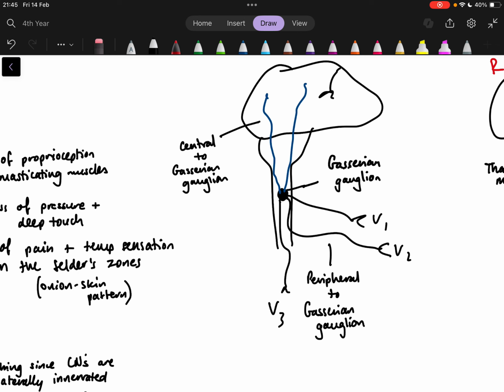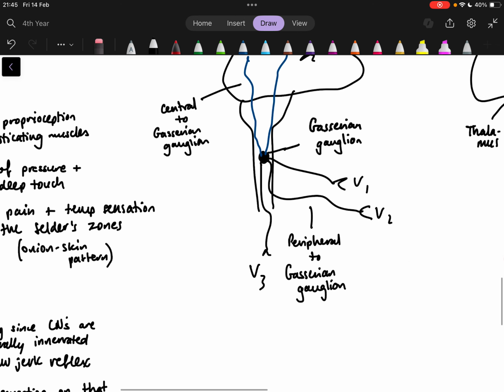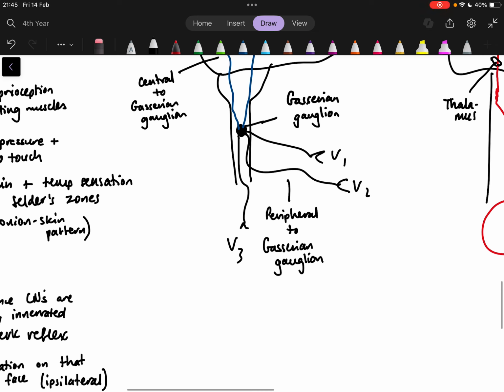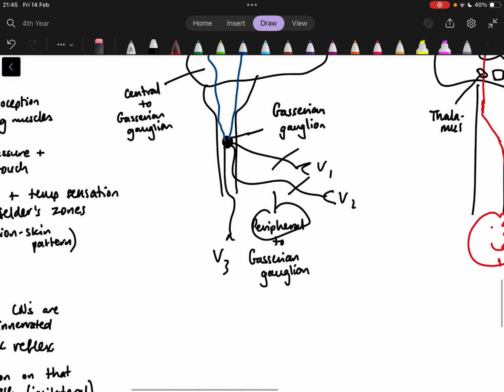So obviously, if you have a lesion there, everything is basically mashed up. And if you have a peripheral lesion, okay, then it just depends on which part of the nerve the lesion happened. It can happen in V1, and then you'd have loss of all sensation in that aspect, or maybe a lesion in V2, and so forth.